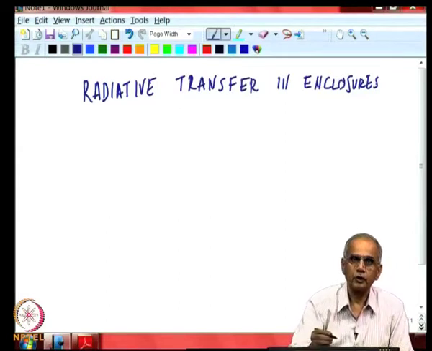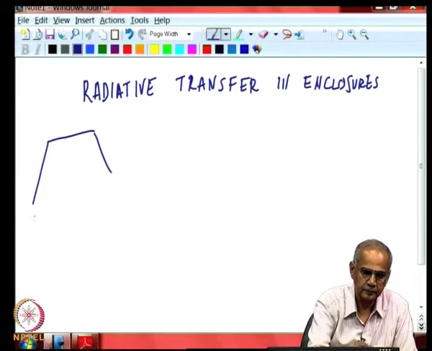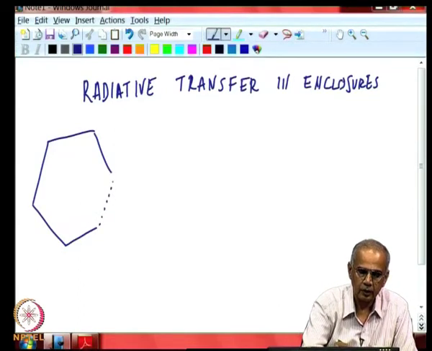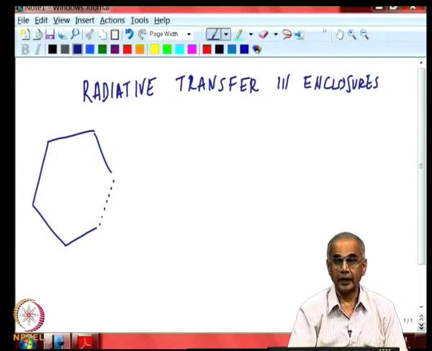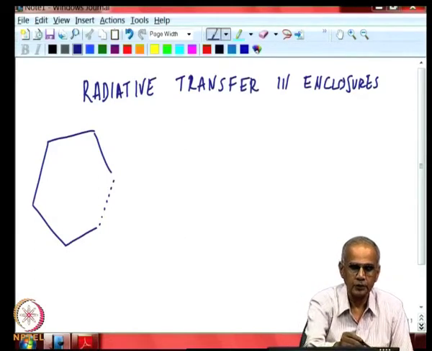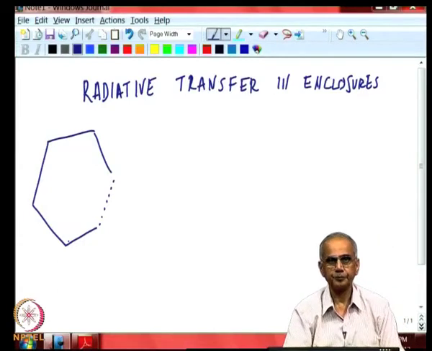What is an enclosure? An enclosure is nothing but a series of surfaces which enclose a given area. Not all surfaces in an enclosure need to be actual surfaces; some of them can be imaginary surfaces for convenience. So, here is an enclosure consisting of 1, 2, 3, 4, 5 surfaces and an opening which I can close by a dotted line, that is a virtual surface. So, you have a 6 surface enclosure.